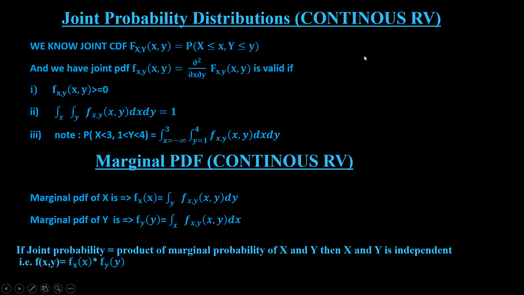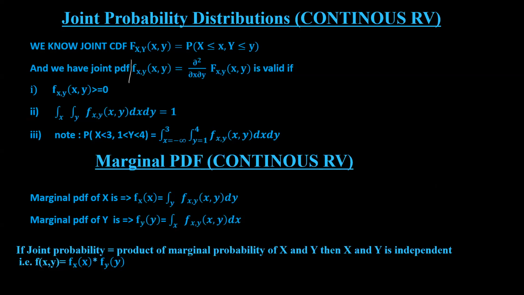Okay, so I will quickly go back to the continuous category and then we'll wind up for today. Only one question I have taken from the continuous category. So continuous category PDF is defined by this particular formula.